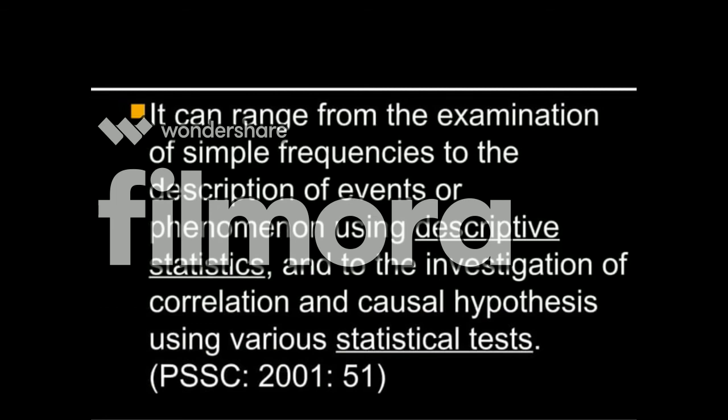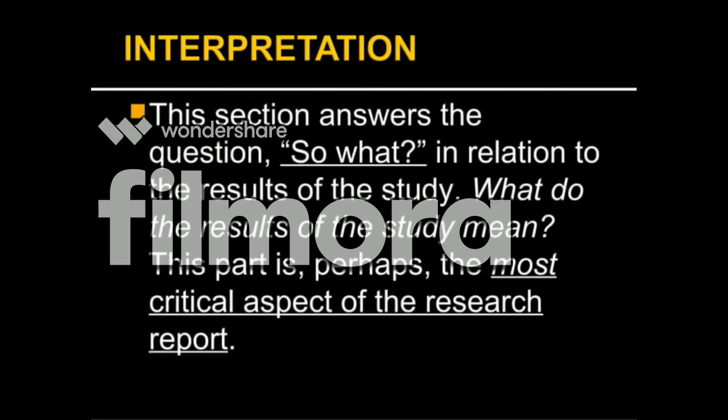It can range from the examination of simple frequencies to description of events or phenomenon using descriptive statistics, and to the investigation of correlation and causal hypothesis using various statistical tests, which we were able to discuss just a while ago.